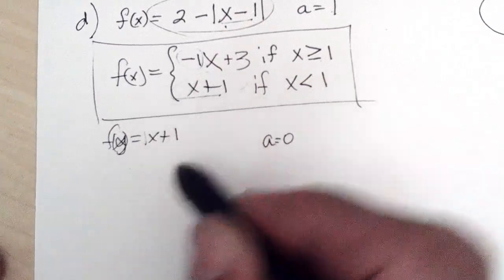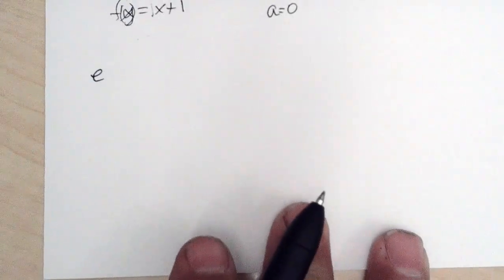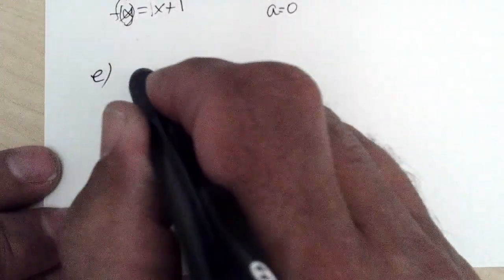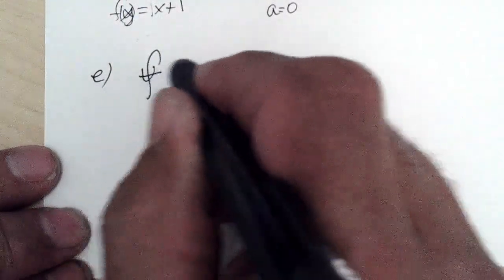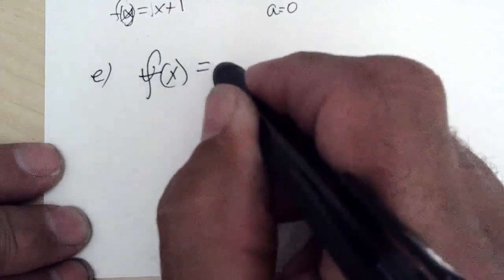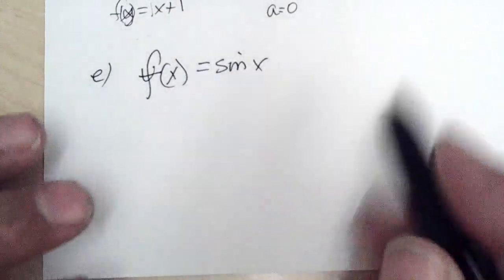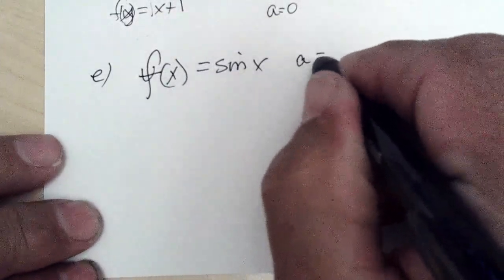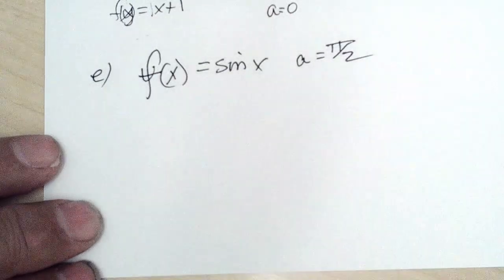And finally, E. What if we have f of x equals sine of x at a equal to pi over 2?